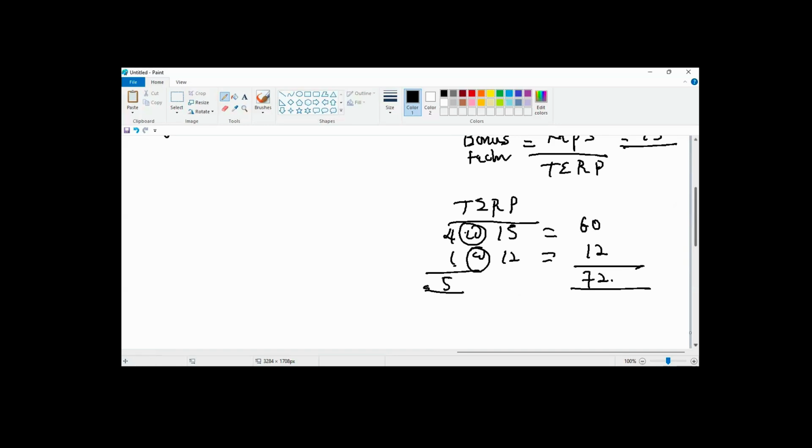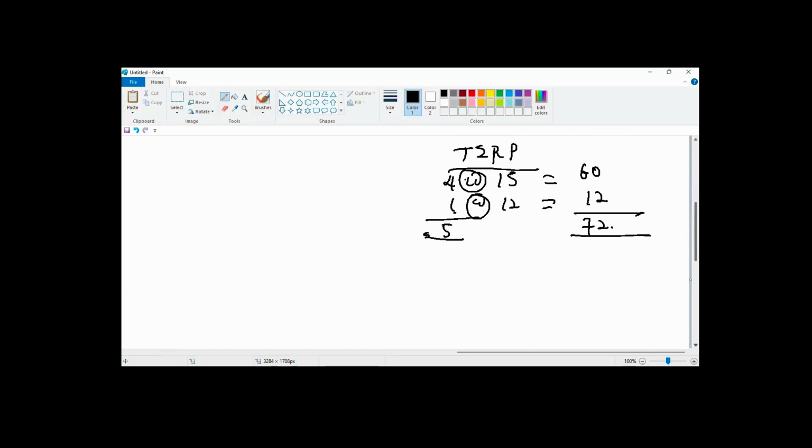So the theoretical ex-rights price equals 14 naira 40 kobo, that is 14.4.